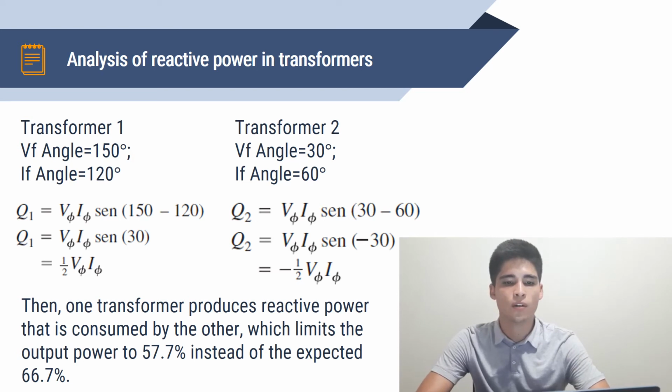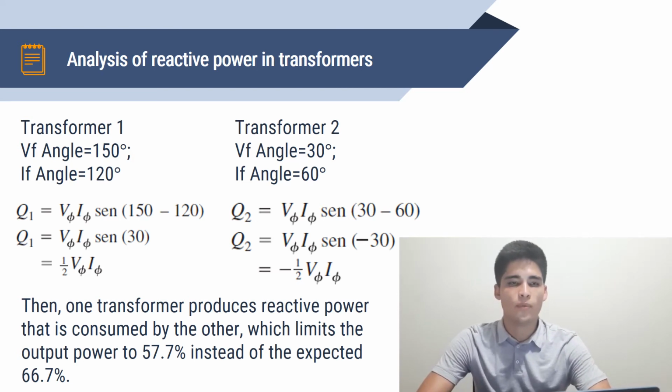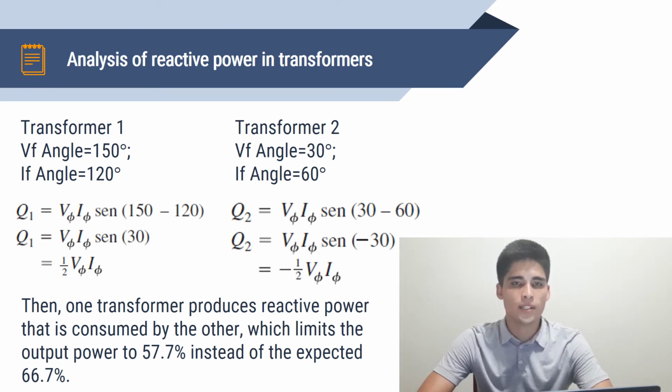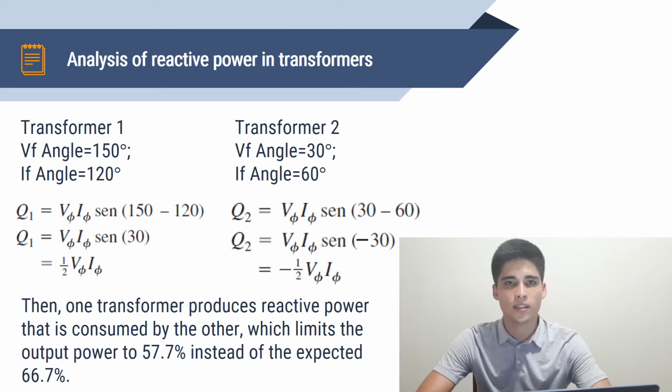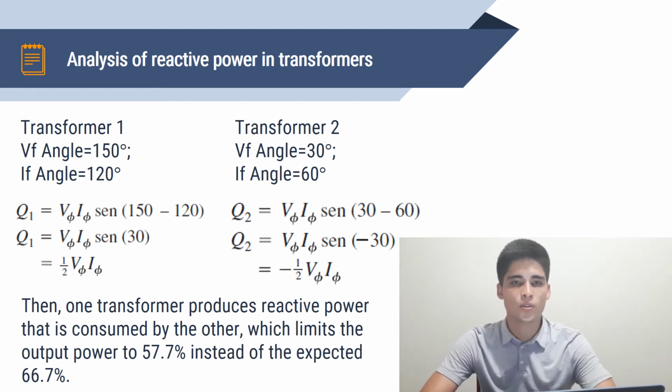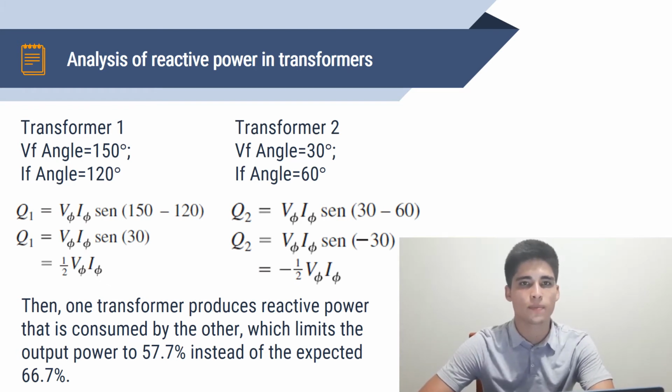This exchange of energy between the transformers is what limits the power output to 57.7% instead of the expected 66.7%. Another way of looking at the open delta connection rating is that 86.6% of the rating of the remaining two transformers can be used.